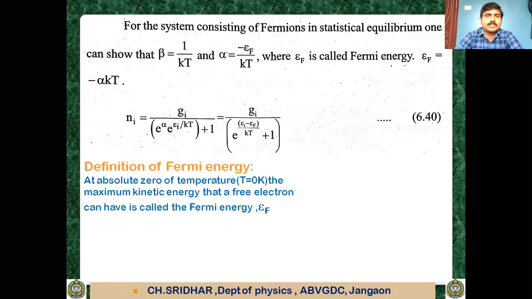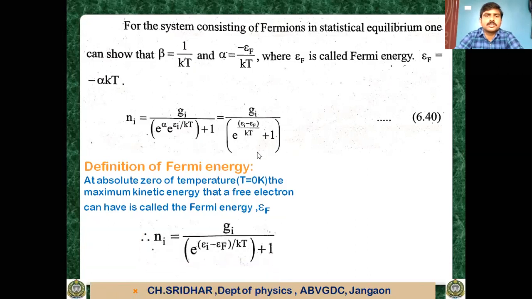With this we can define the Fermi energy. The Fermi energy is defined as the maximum kinetic energy that a free electron can have at absolute zero of temperature, T equal to 0 Kelvin, and it is called the Fermi energy, EF. That means we have to substitute T equal to 0 in this equation.